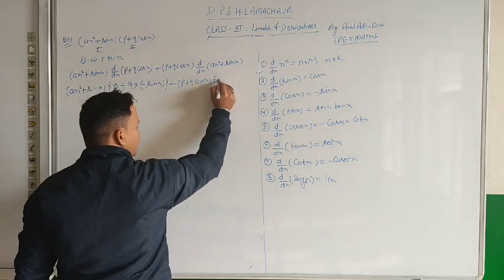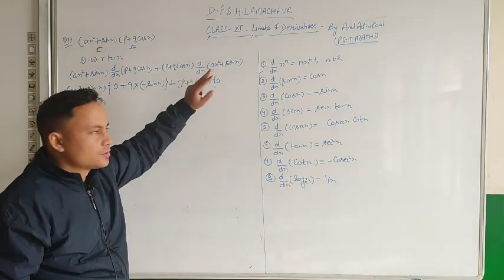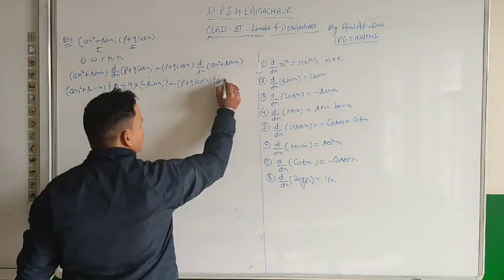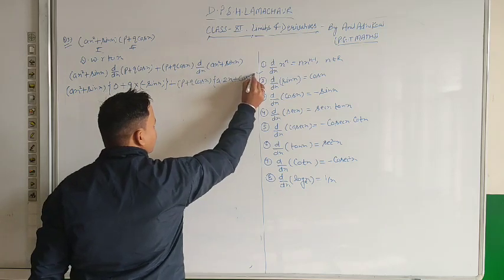A is a scalar quantity, so take it out and find the derivative of x square. So derivative of x square is 2x plus derivative of sin x is cos x.